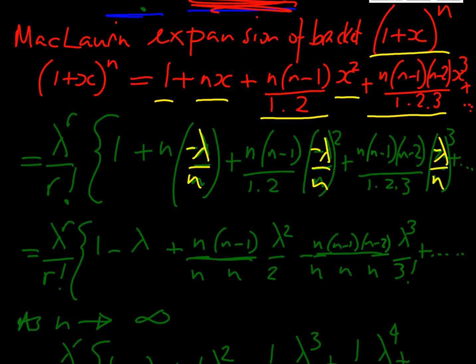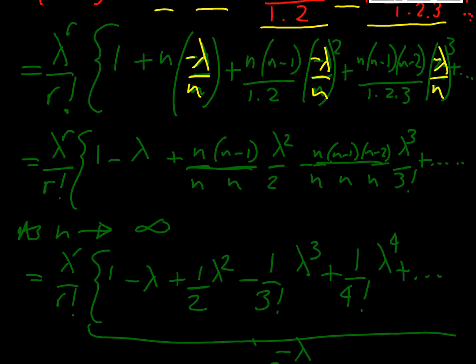If we expand those brackets in the first terms here, we've got our 1, then we've got in this term an n on the bottom and an n on the top, so that cancels out, and so there's our minus lambda.